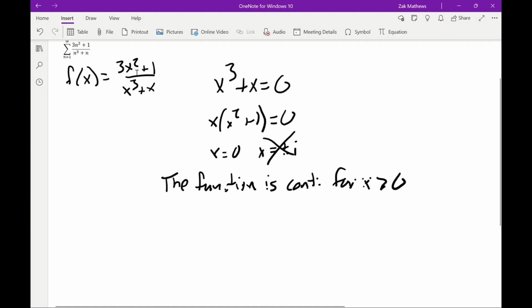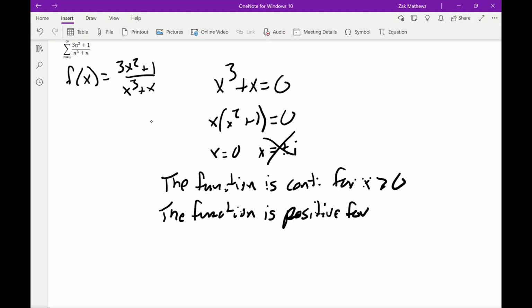If we take 3, multiply it by a positive number, add 1 to it, that's going to be positive. These are all going to be positive, so the function is positive for all x greater than 0. So that's 2 of our 3 conditions met. We do need to show all 3 conditions every single time we apply the integral test.